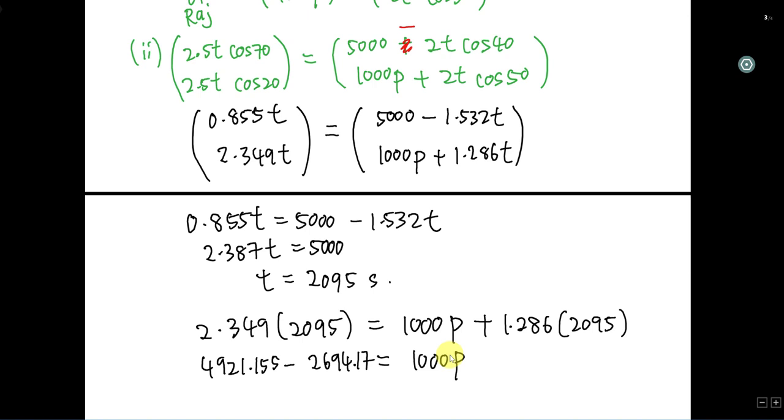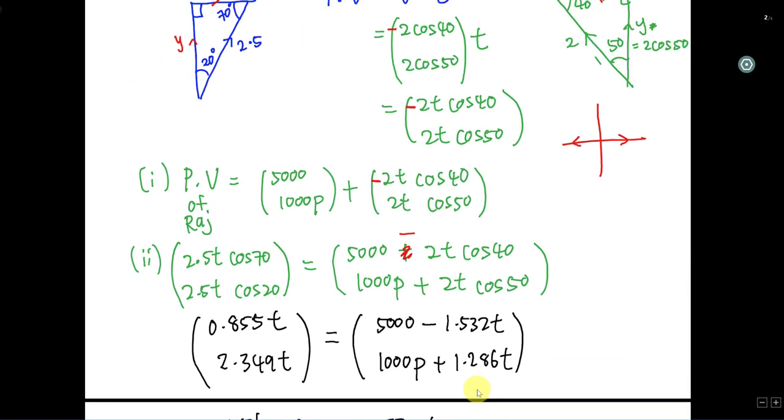Just do the simple subtraction with your calculator, minus 2694.17, and then divide by 1000. Your p should be 2.23. Alright, this is how to do this question.